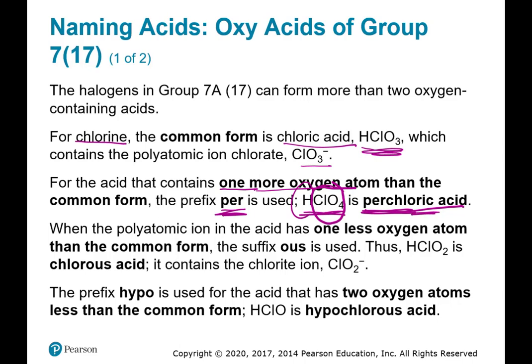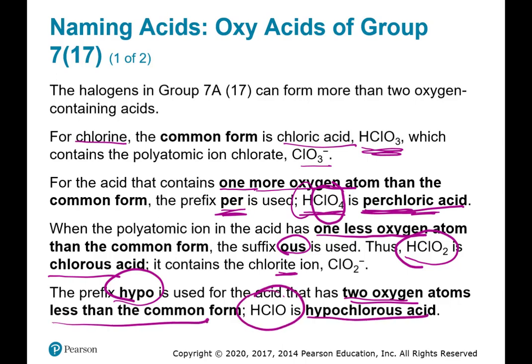When the polyatomic ion has one less oxygen than the common form, we use ous. HClO2 is chlorous acid because it came from chlorite, ClO2 minus. The prefix hypo is used when the acid has 2 oxygen atoms less than the common form.